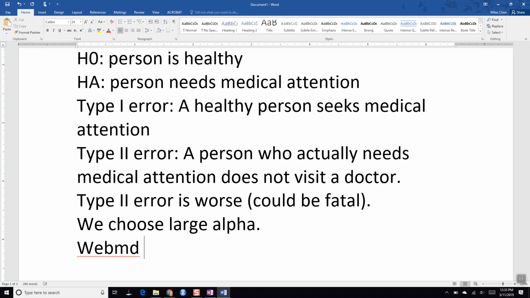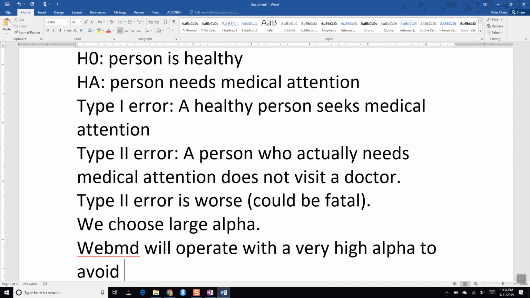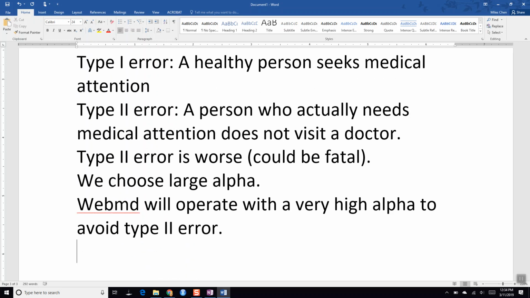And the reason is that WebMD operates under this set of conditions. WebMD will operate with a very high alpha to avoid type 2 error, because they would rather people visit the doctor and turn out that they're fine than the website says, oh, you're fine, and it turns out you actually have cancer or some kind of bad disease.